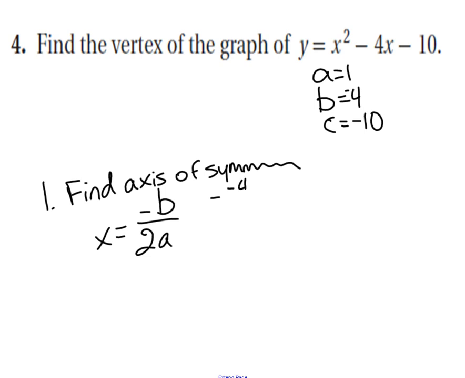So we have negative negative 4 over 2 times 1. So if we have negative negative 4, really that's positive 4 over 2, which simplifies to 2, so x just equals 2. 4 divided by 2 is 2.